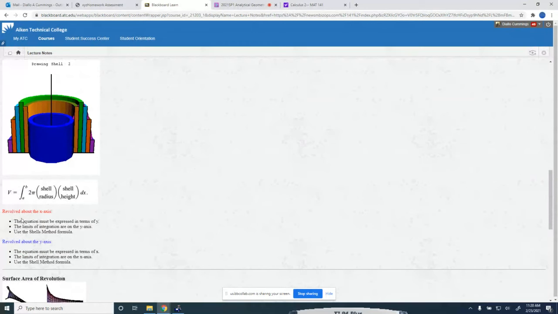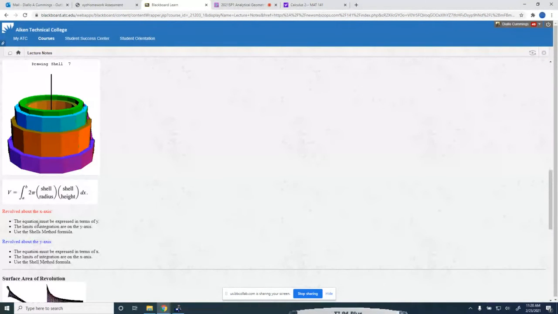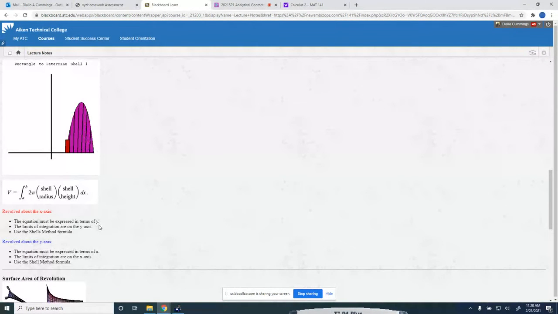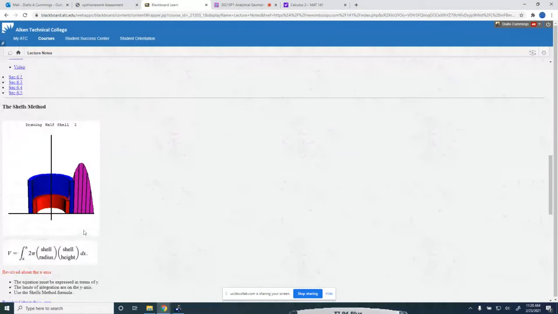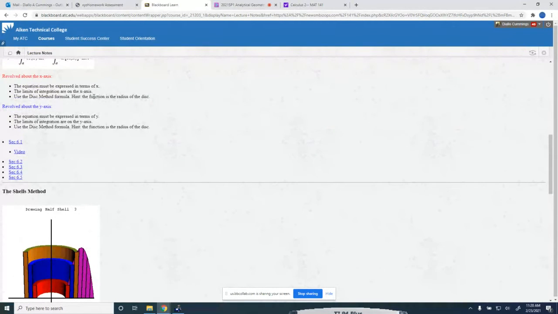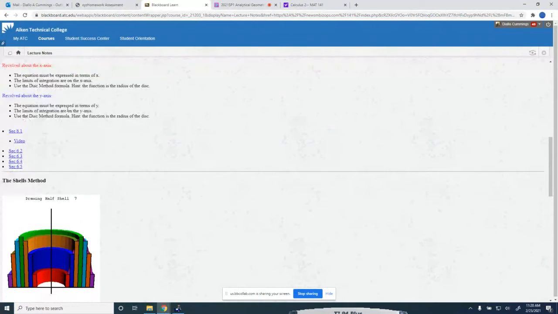If you're using the cylindrical shell method and you're revolving about the x-axis, your equation must be expressed in terms of y. This is a little bit different than the disk method. If you're using the disk method, you're rotating about the x-axis, your equation must be expressed in terms of x.